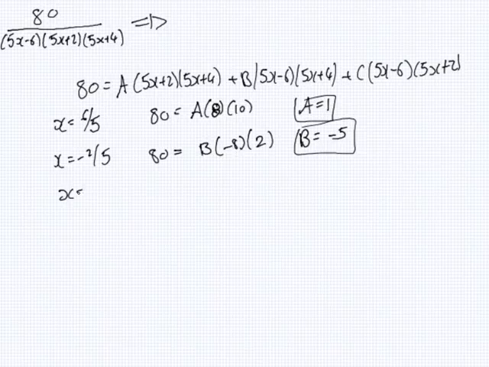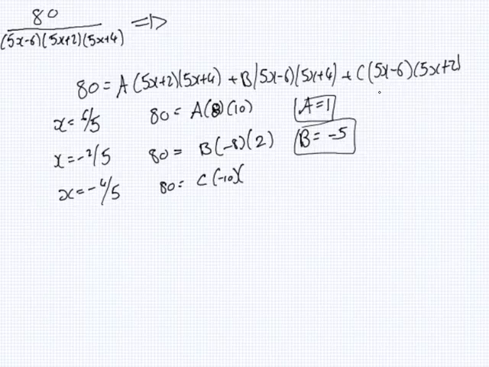And then lastly, can I just get C by solving x equals 0 and I have the value of A and B? Yeah, you can. 80 equals C minus 10, and then minus, hang on, is it minus 10? Yeah, minus 4 minus 6, then minus 4 plus 2 is minus 2. It's 4, isn't it? Yeah.